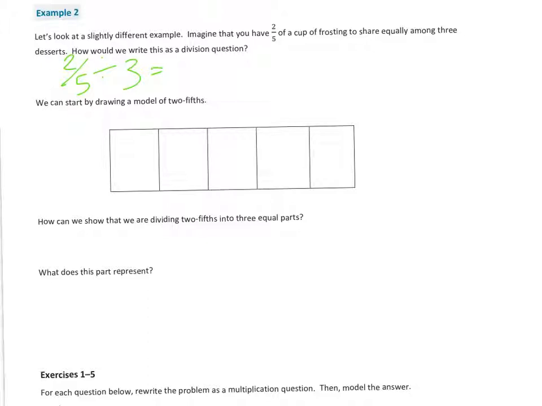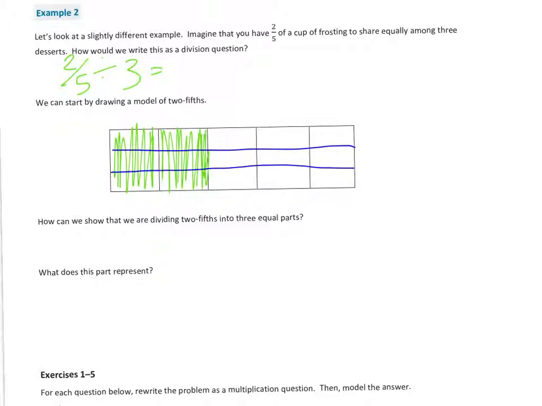So first off, we have our model of 2/5. So we've got fifths, 1, 2, 3, 4, 5. Yep, that's fifths. And we're going to shade in 2 of them. So now we've got 2/5. Well, how can we show us dividing it into 3 equal parts? It'd be a little bit awkward to go like here and here, so we're going to go like this. Okay, so now each of those fifths is divided into 3 equal parts.